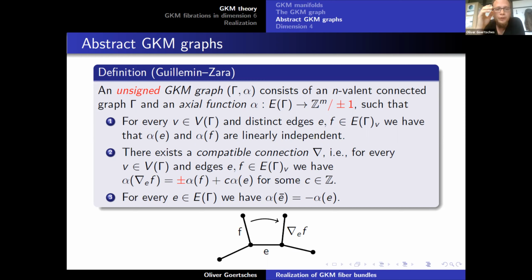And then this first condition is just the original GKM condition that the one skeleton is a union of two spheres, translated to the level of the graph. It means that the labels of any two edges at a vertex are linearly independent.